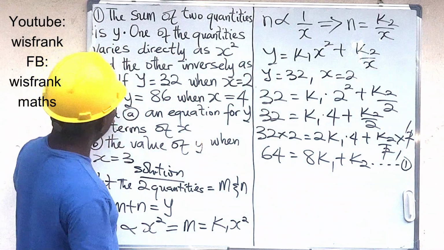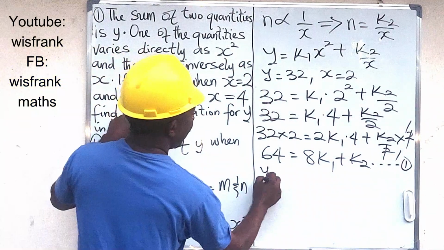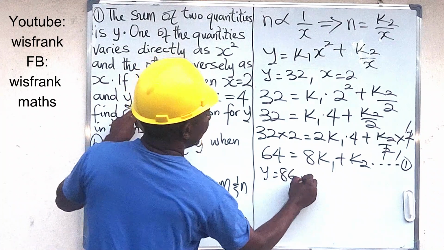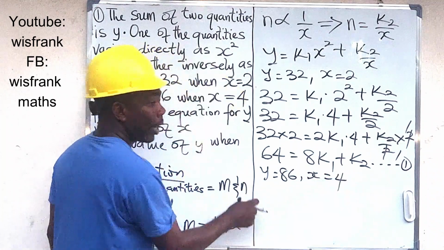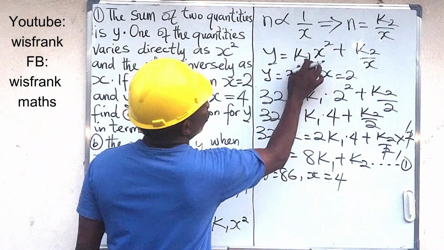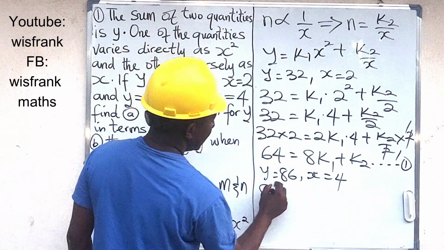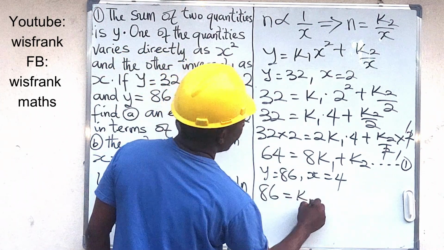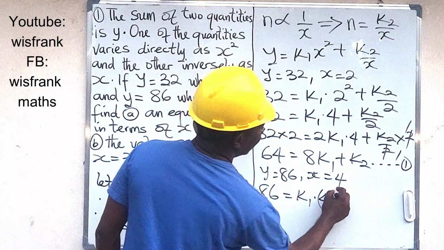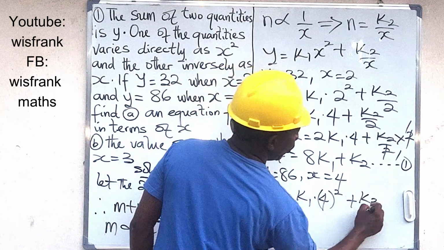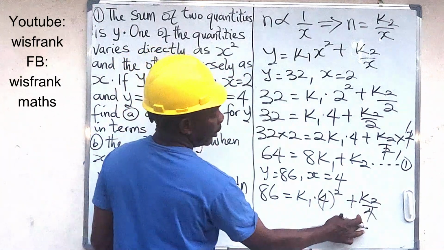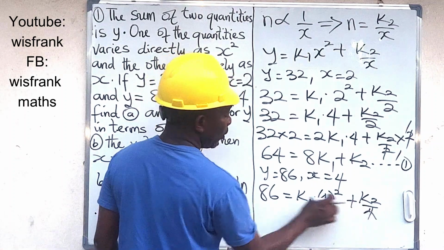From the question, the second statement says y equals 86 when x equals 4. So we substitute these parameters back into this equation. So we have 86 equals k1 times 4 raised to the power of 2 plus k2 all over 4. Here we have a fraction. To clear this, we multiply all through by 4.